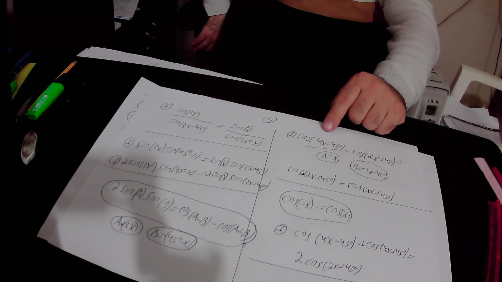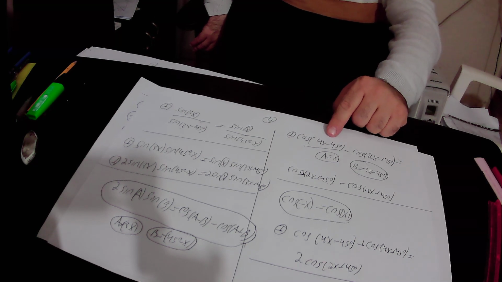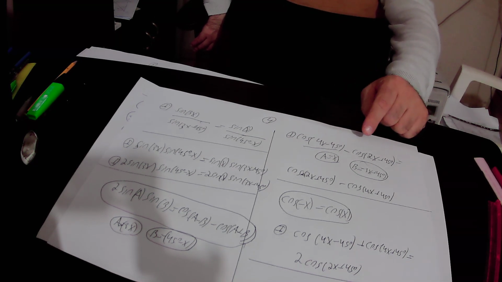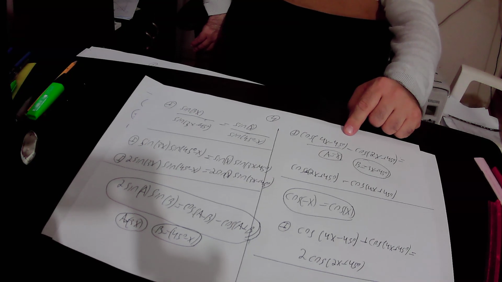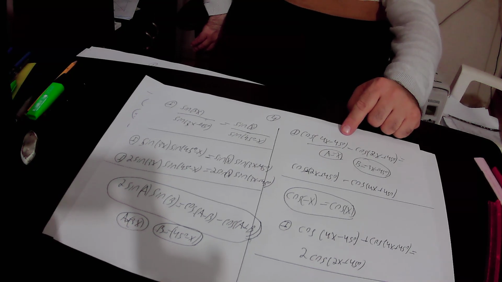3x minus minus x is 3x plus x, that is 4x, and 0 minus 45 degrees is minus 45 degrees.